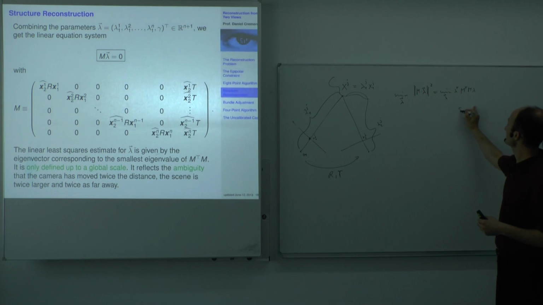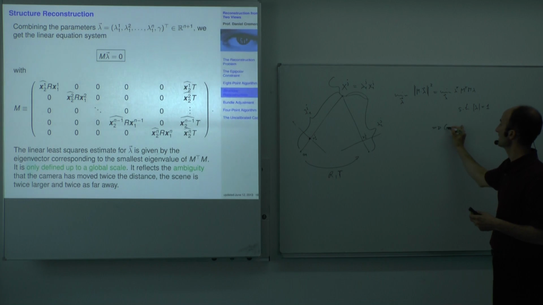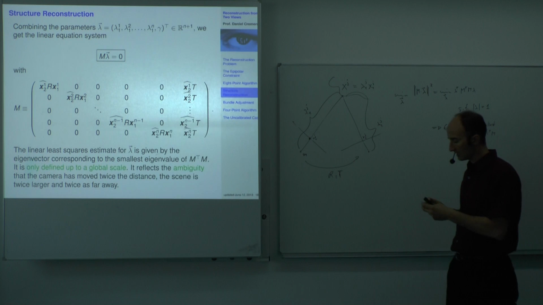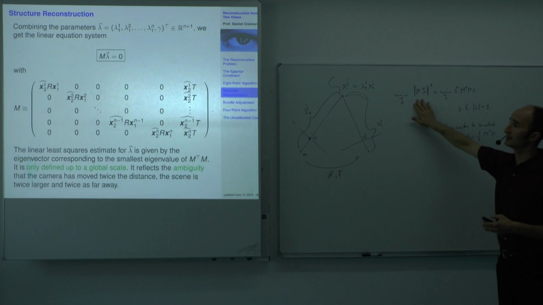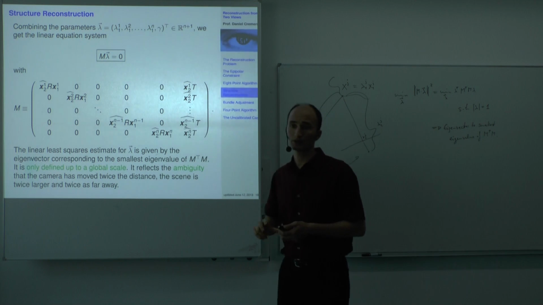So if I minimize this such that the norm of lambda equals 1, then what I get is the eigenvector to the smallest eigenvalue of M transpose M. And so this is how formalizing the whole thing as a least squares problem works: saying I may not get this exactly to 0, but find me a lambda such that this expression is as small as possible, then I get the eigenvalue solution.